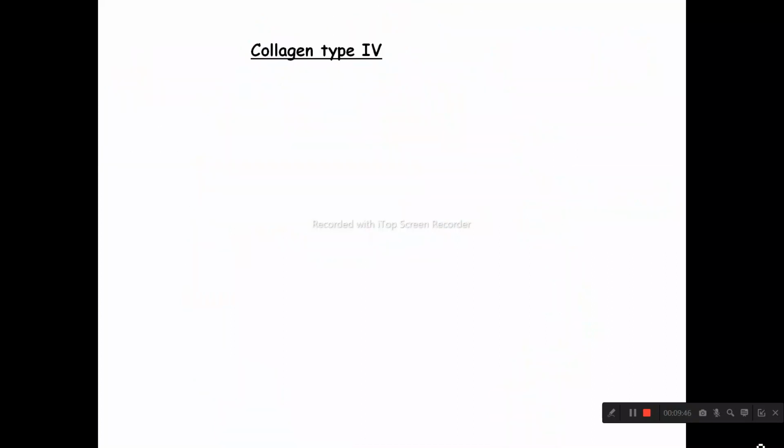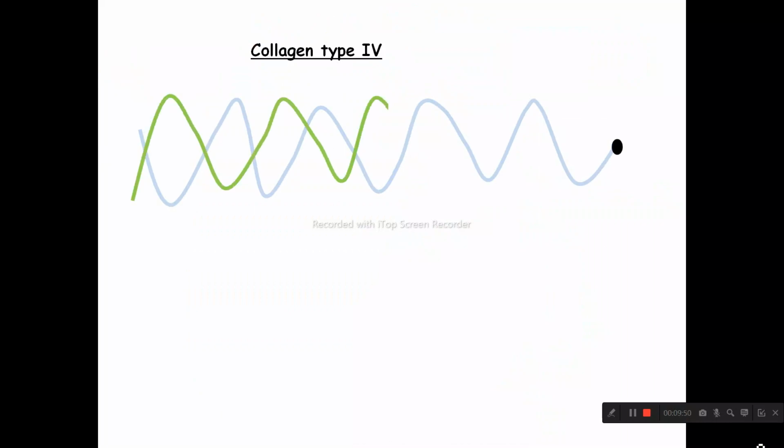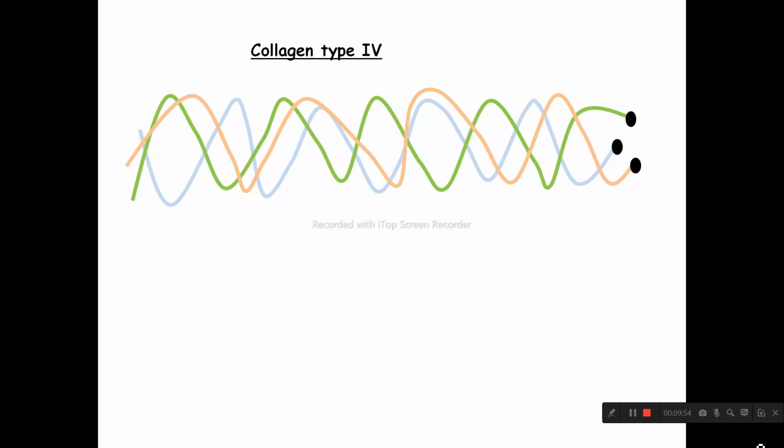This collagen that makes the suprastructure and basic network of the glomerular basement membrane consists of a triple helix of alpha chains, and this triple helix peptide chain makes the collagen type 4. Millions of collagen type 4 molecules make the basic structure of the glomerular basement membrane.